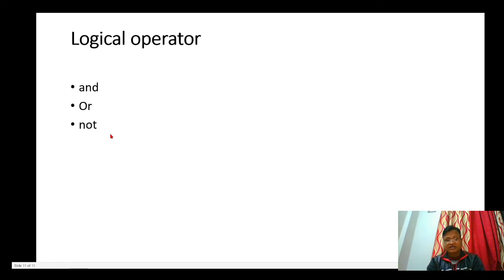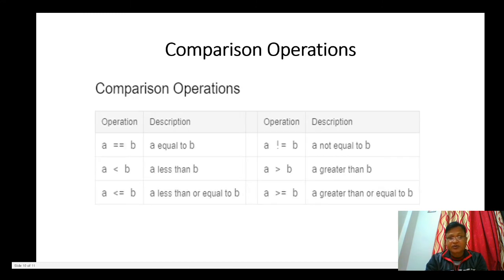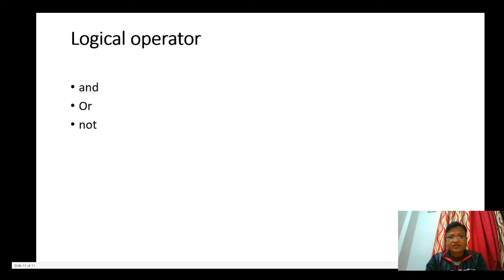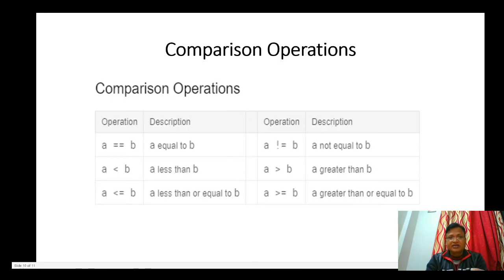Now the final and very important thing to understand, whether we talk about the comparison operator or the logical operator, in both types of operators, the result will always be Boolean type of data. Means either the result will be true or the result will be false. There is no other possibility of output. For example, A is equal to B, either that particular statement will be true or it will be false.